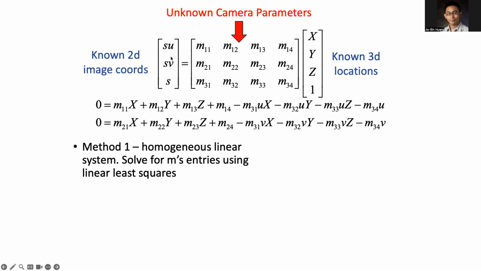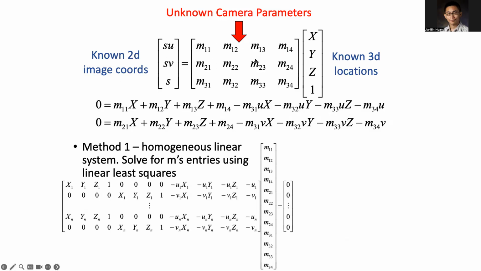To convert a homogeneous coordinate to the actual coordinate, we divide by the last item, making sure it's 1, and then you get u, v back. But this means these values are up to scale, so you don't know the scale.